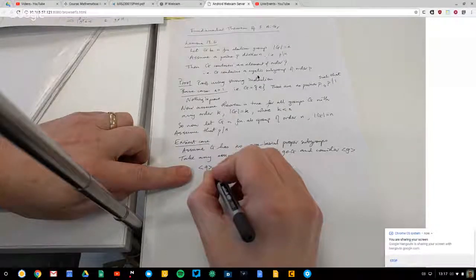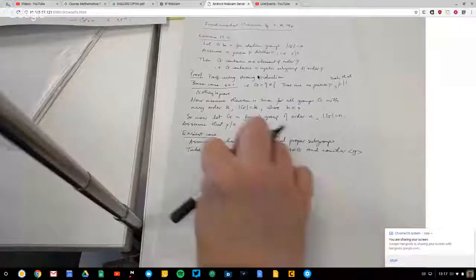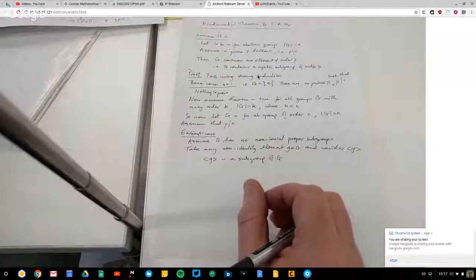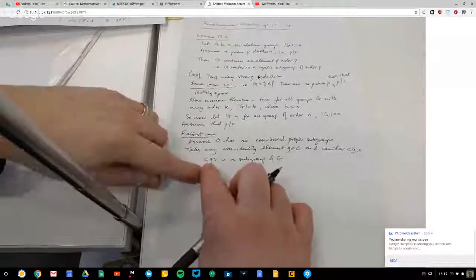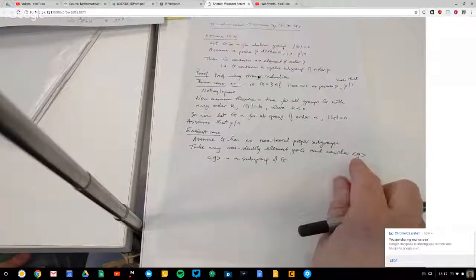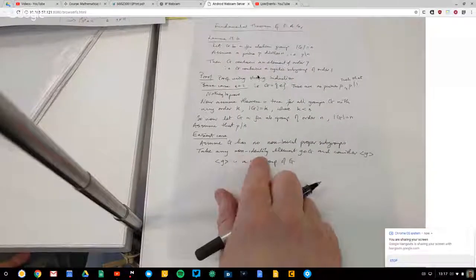It's a subgroup of G, but we've just assumed that G has no proper non-trivial subgroups. So this can't be some kind of middling intermediate subgroup. It must now immediately be the whole of G. It's not the trivial subgroup because it's a non-identity element.